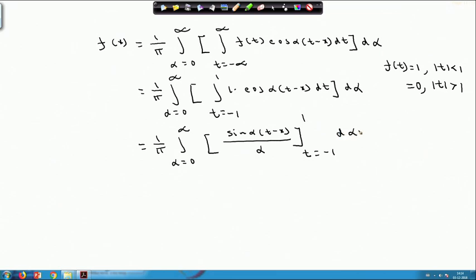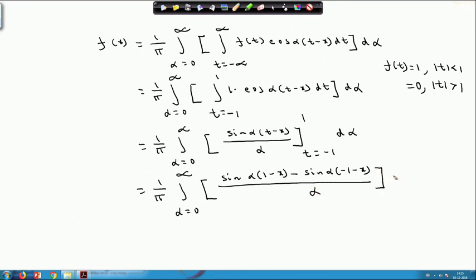If I substitute the limits, alpha varying from 0 to infinity, this will be sine of alpha into (1 minus x) minus sine of alpha into (minus 1 minus x), divided by alpha, d alpha. Just substitute t equals 1 and t equals minus 1 here. So, what are you getting?